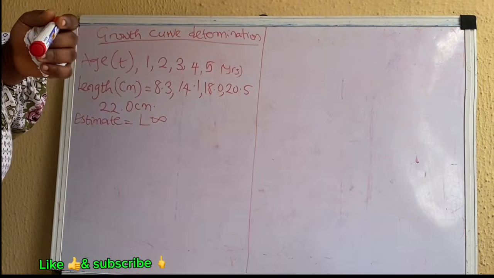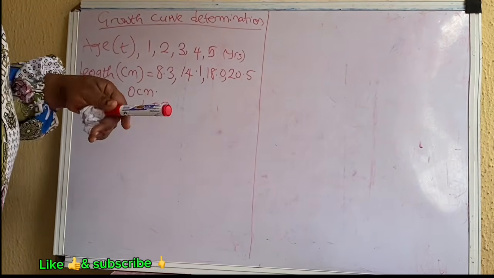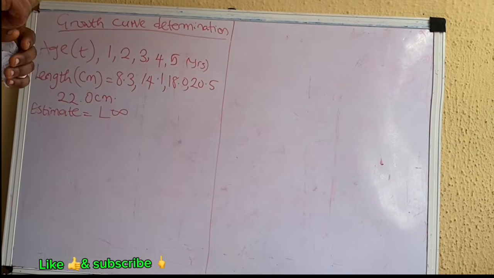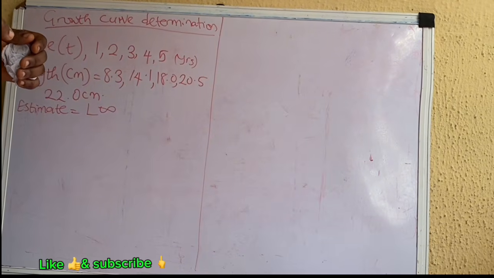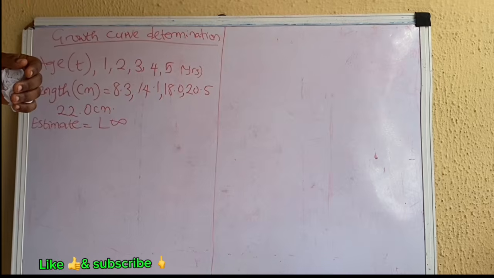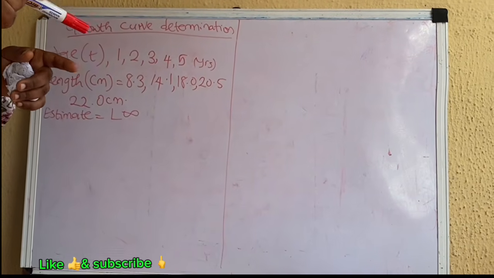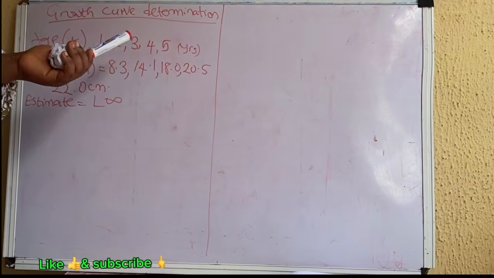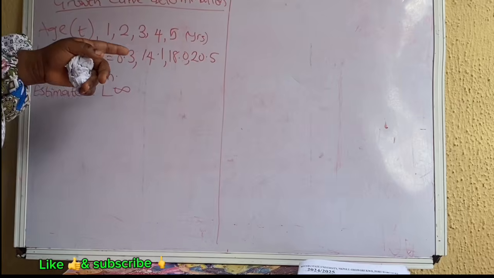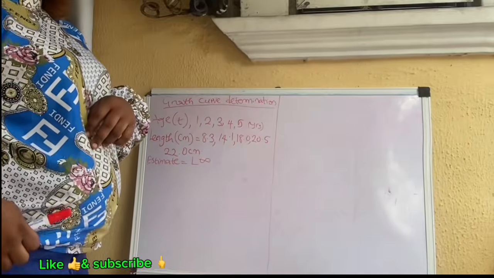Then you can be asked to predict the mean length of fishes at age 3 and 5. Then you can also be asked to state or make comments on the fish status based on the sample data that was given in the equation. So these are the possible questions that you can get.